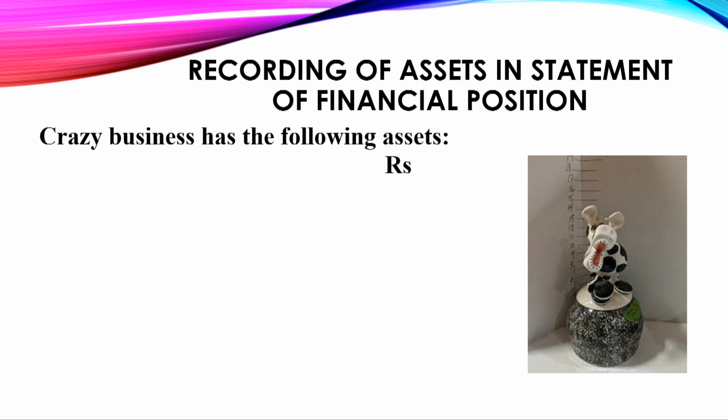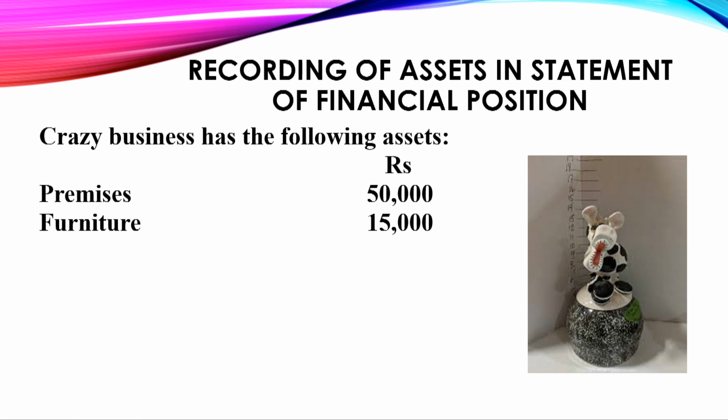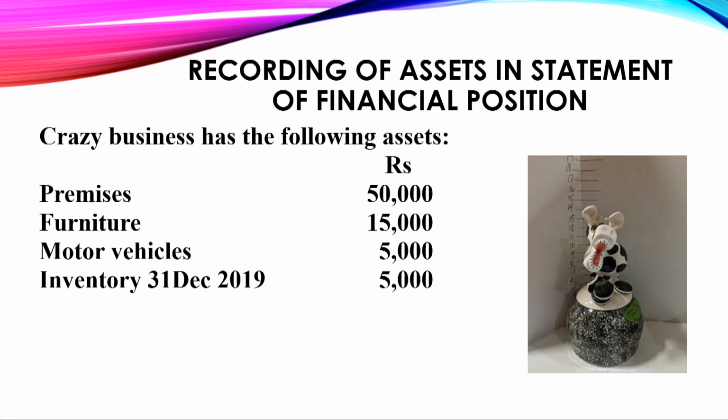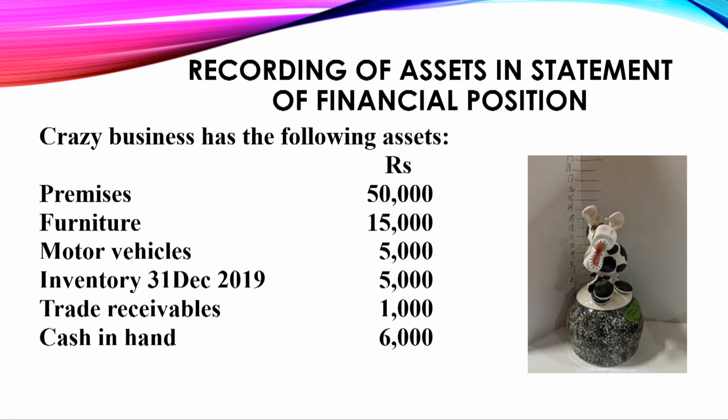Crazy Business has the following assets, namely premises 50,000 rupees, furniture 15,000 rupees, motor vehicles 5,000 rupees, inventory 5,000 rupees, trade receivables 1,000 rupees, cash in hand 6,000 rupees, and cash at bank 10,000 rupees.